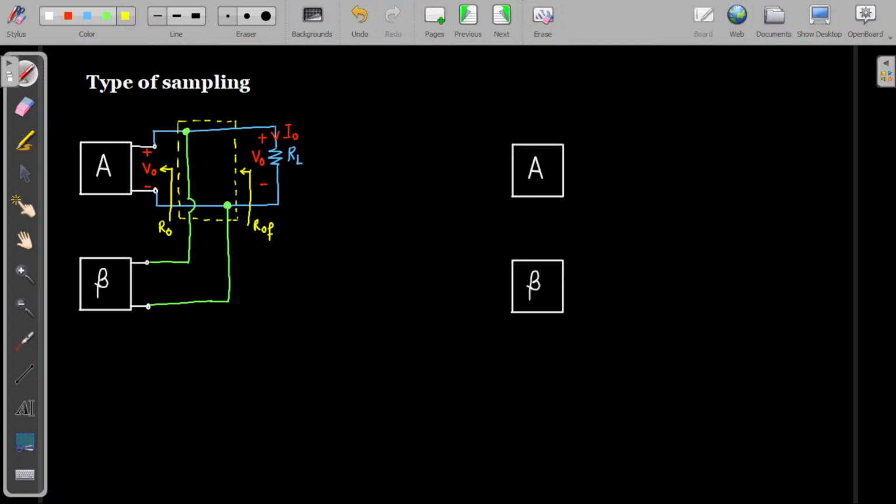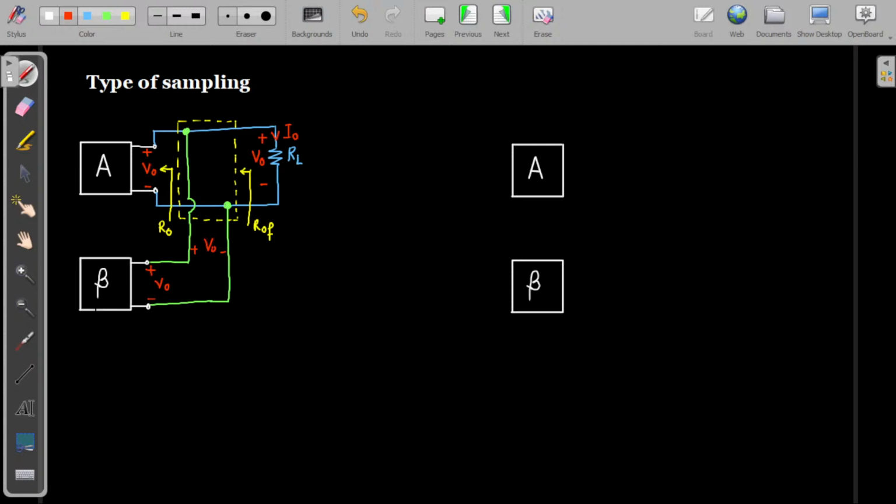Okay, so now you can see that if the voltage at this point is V0, the voltage between these two lines is V0. That means the voltage between these two lines is also V0. That means the voltage here is also V0.